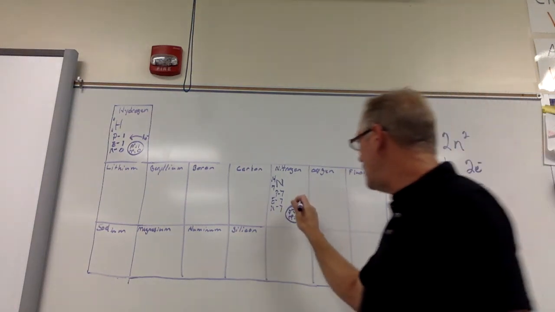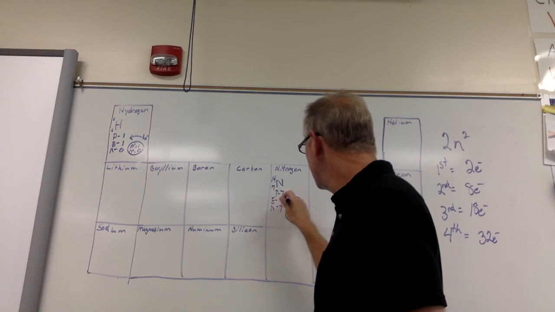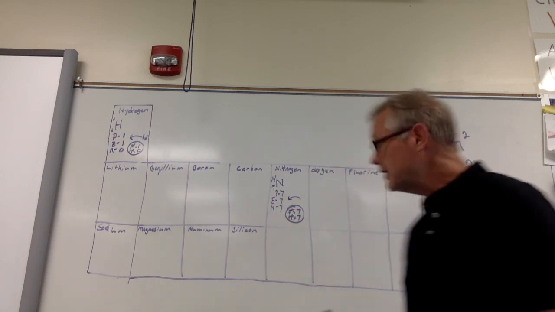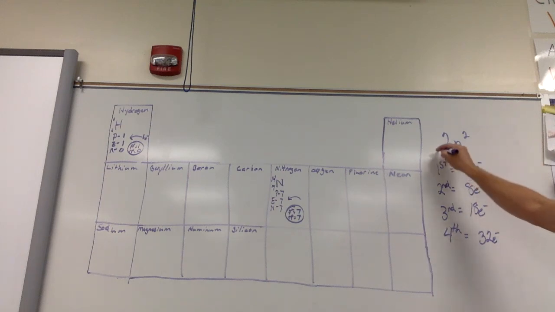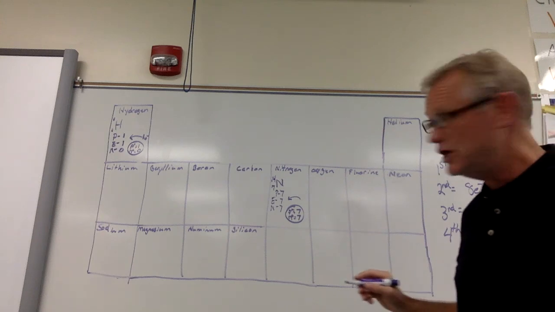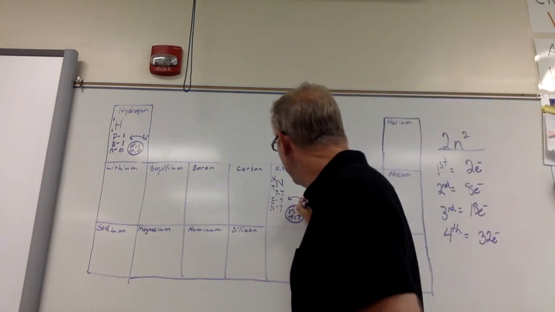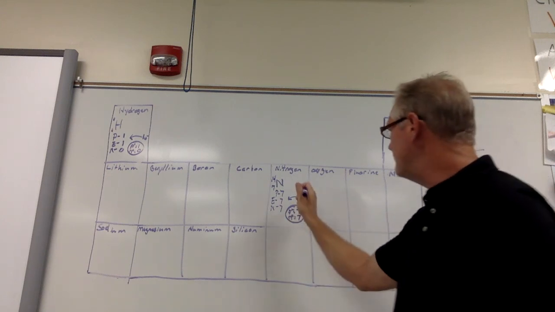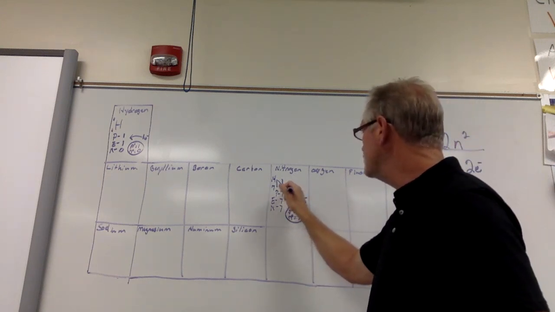Can I put all 7 electrons in that first energy level? No, I can't. Why? Because according to Bohr's equation over here, we can only put a maximum of 2 electrons in that first energy level. So I'm going to come back over here and put 2 electrons. What that means is we have to have another energy level.